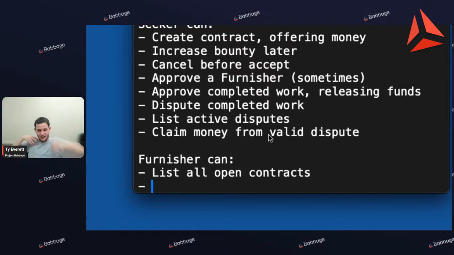If I bid on something, then the seeker would need to accept my bid and put up the money before anything else happened. So I don't know about putting bids in place here, although that could be really cool, and I kind of like it.